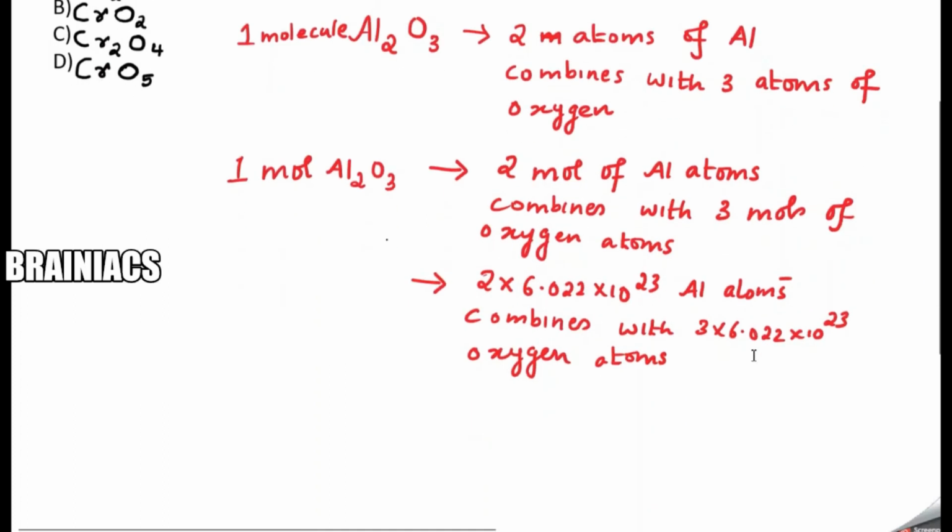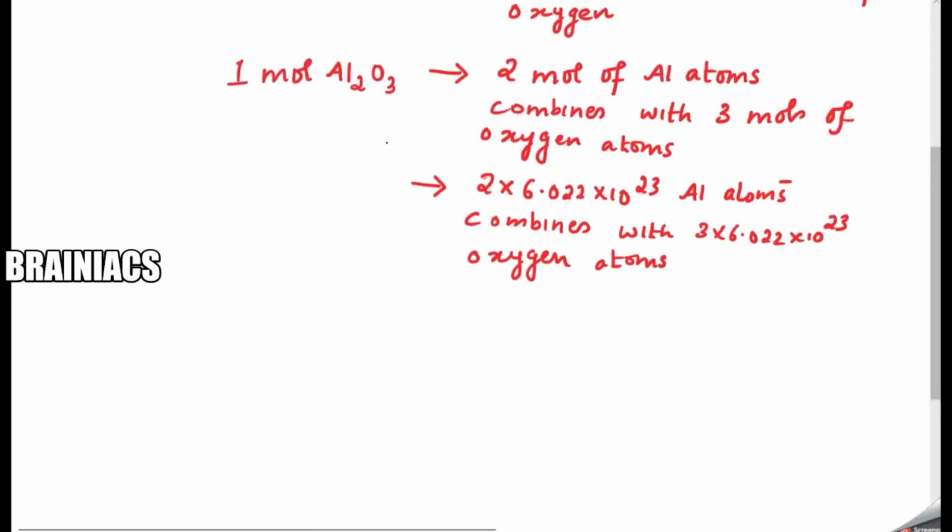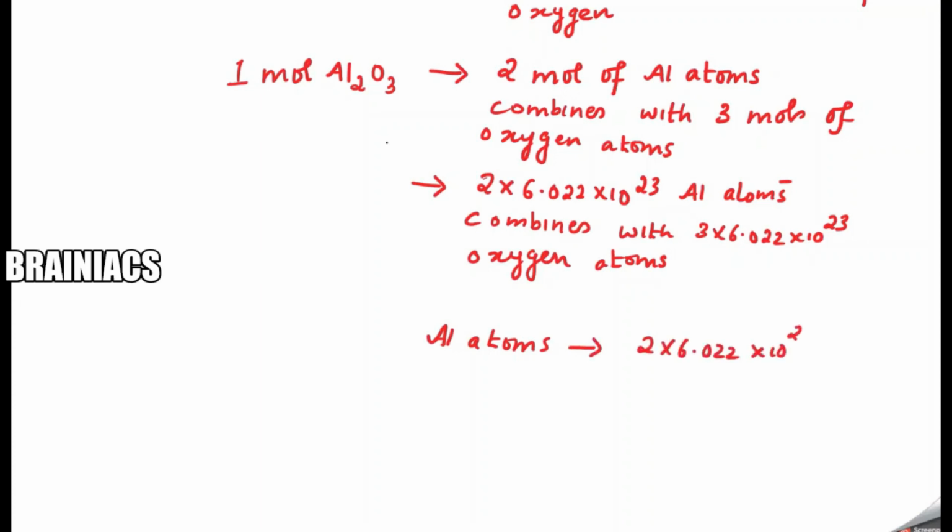So how can I arrive at the formula of Al2O3? How many aluminum atoms are there? 2 into 6.022 into 10 power 23. And oxygen atoms is 3 into 6.022 into 10 power 23.